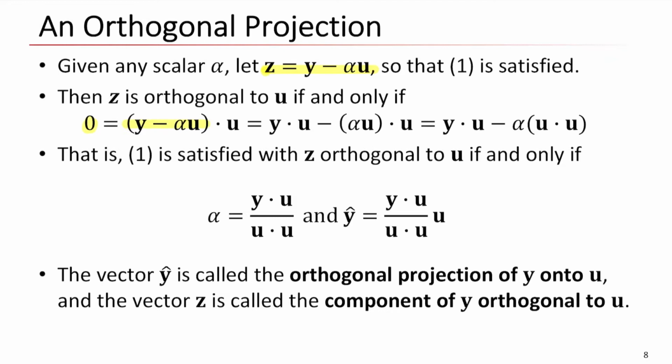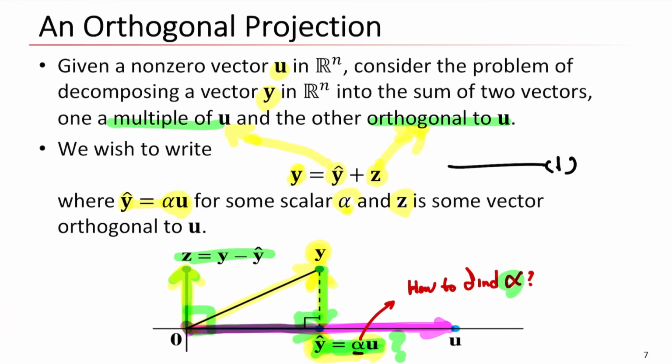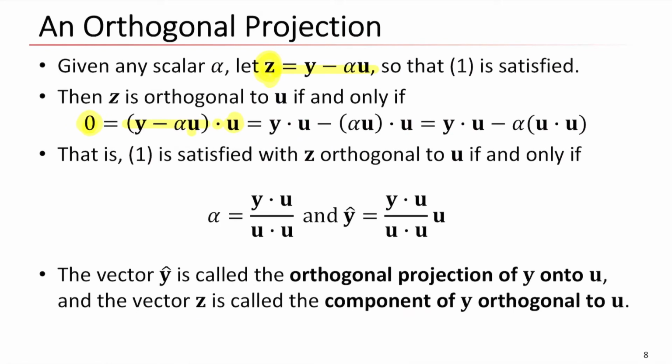y minus alpha u, which is z, inner product u is equal to 0. Why? Because these two vectors are orthogonal or perpendicular to each other. So we can separate this term: y inner product u minus alpha u inner product u.